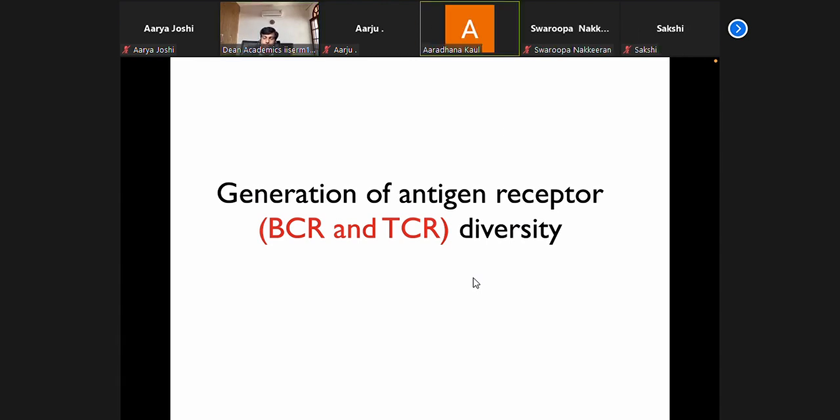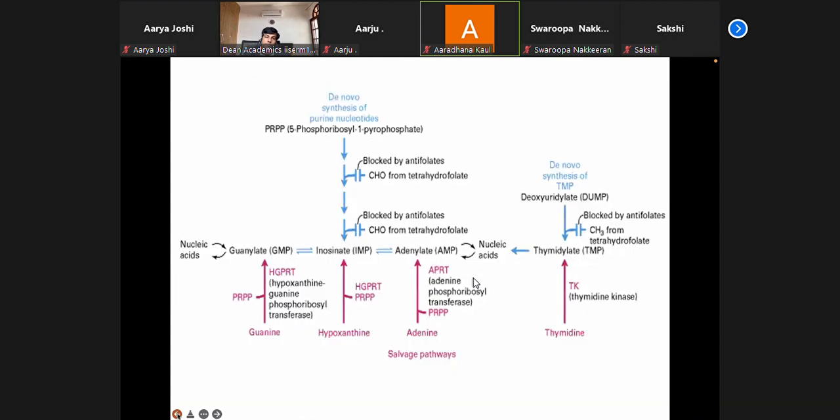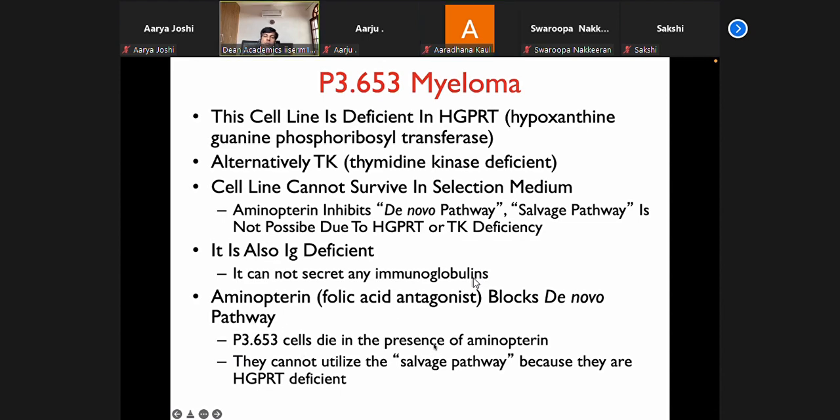Sir, could you please revisit the functions of aminopterin? Yeah, okay, fine. So basically aminopterin, as I said, is a chemical. It's an antagonist of folic acid, and this folic acid is very critical for generation of nucleotides through the de novo synthetic pathway, as was shown here.